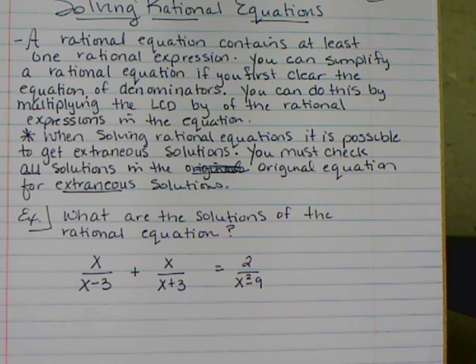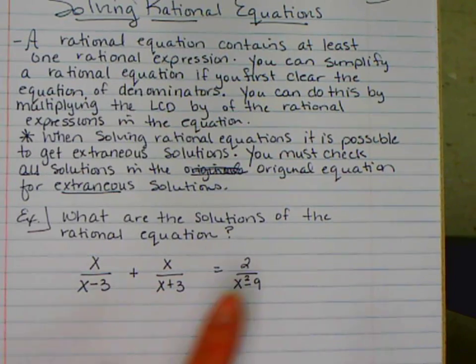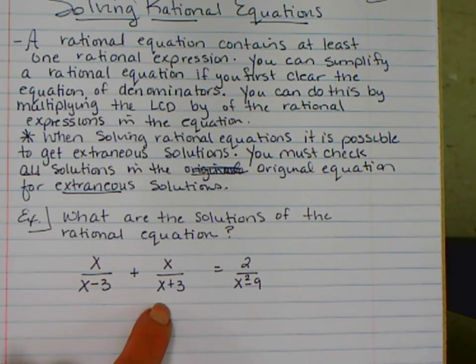Sometimes they're going to be completely factored. It just depends. It's nice when everything's already factored. Are all of our denominators completely factored? No, because this is a difference of two squares, right? So we could factor that further. Is x minus 3 completely factored? And x plus 3 is completely factored, right? X squared minus 9 is not.